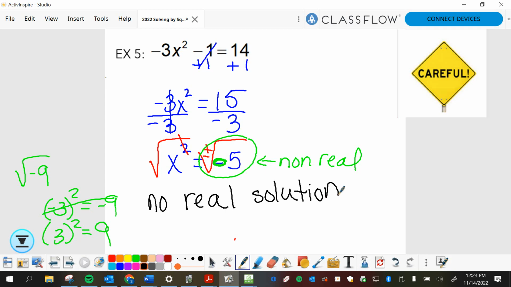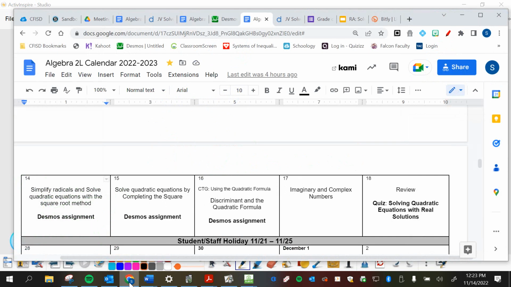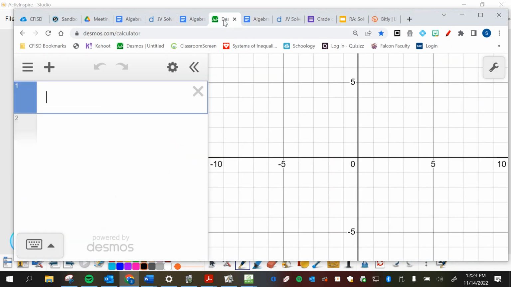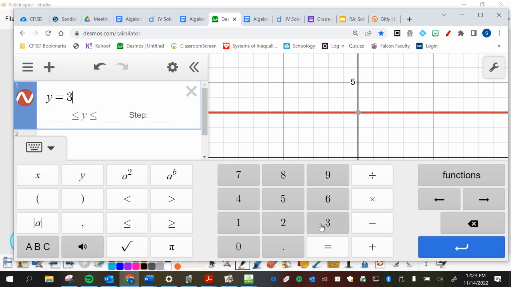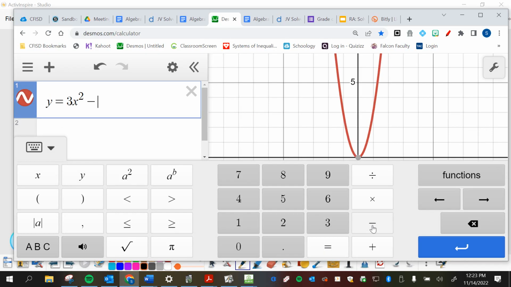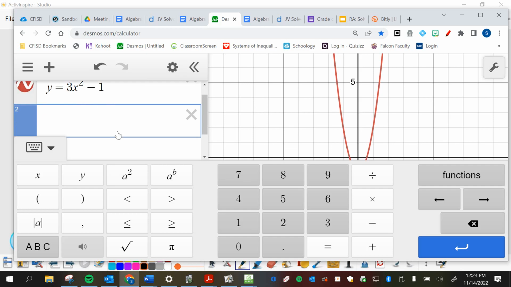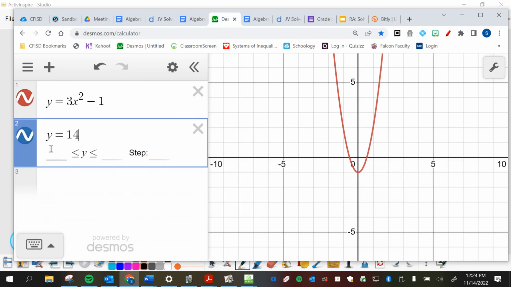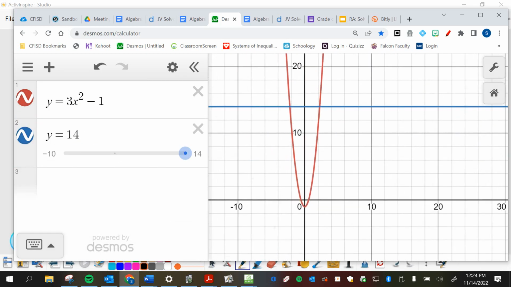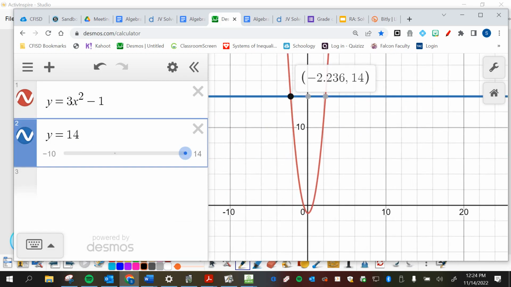Okay? Now I want to show you also graphically why. Alright? Y equals 3x squared minus 1. Okay? And now I'm going to do y equals 14. So this is example 4. Okay? Here's example 4. There's our negative square root of 5 and our positive square root of 5.